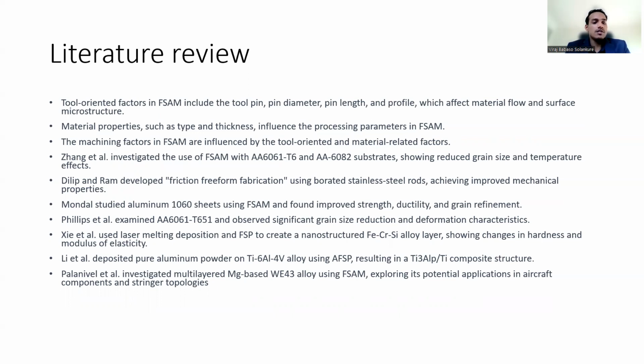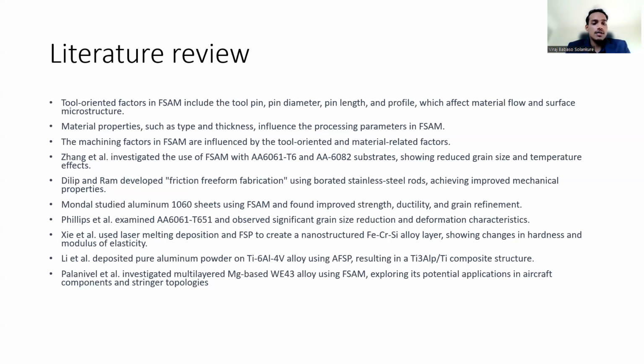There are some researchers who invested their time to understand FSAM at an extensive level. Zhang investigated the use of FSAM with high strength aluminum 6061, and it showed reduced grain size and temperature effects. Delhi developed friction free form fabrication, which also improved the mechanical properties of the aluminum.